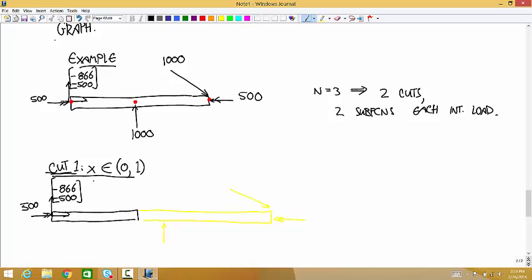What about this 1,000? Nope, that's not over here. That's somewhere else. So the only other thing that we're worrying about is the internal loads applied to our chosen piece by the connected piece. And so that is a tension, a shear force, a bending moment, and a torque.